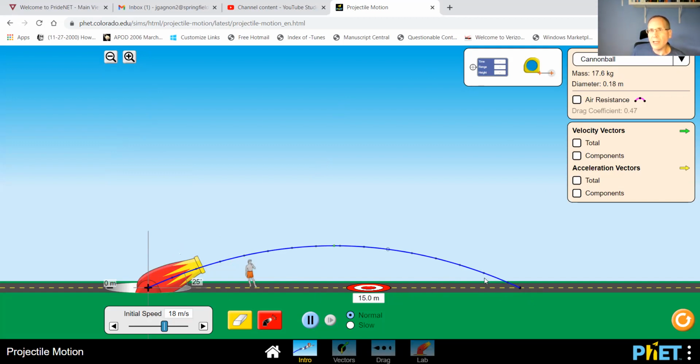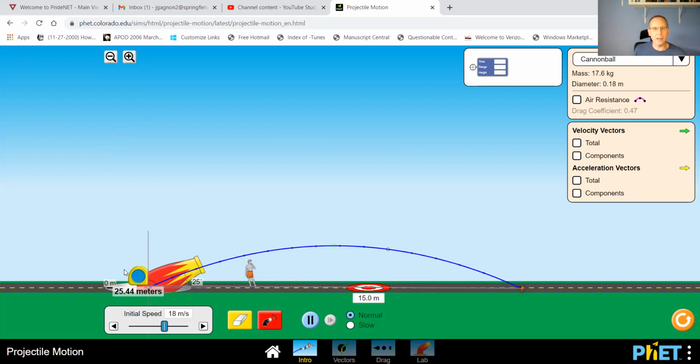Well, how do we measure that? Use this tape measure here. If I drag this down, this is the beginning of the tape measure. I want that right at the X of the cannon, where it leaves from. And then the other piece I can pull out to where it landed, right there. I can record that distance, so 25.44 meters.